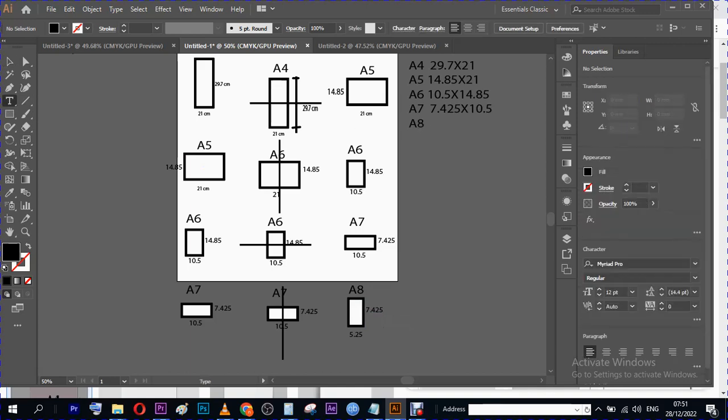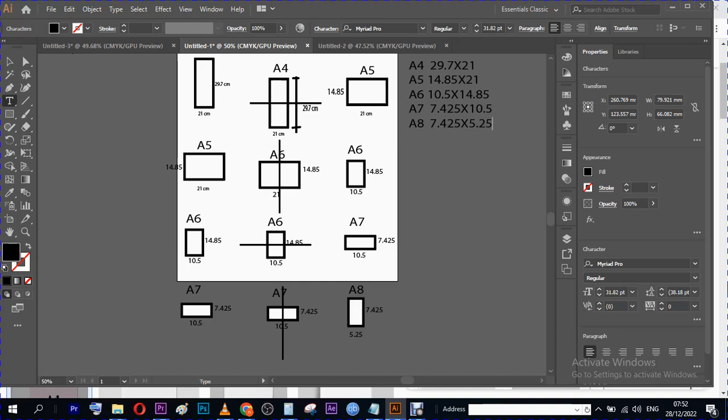With this A8, our height is 7.425 times 5.25.